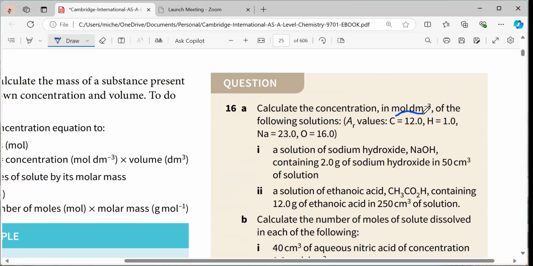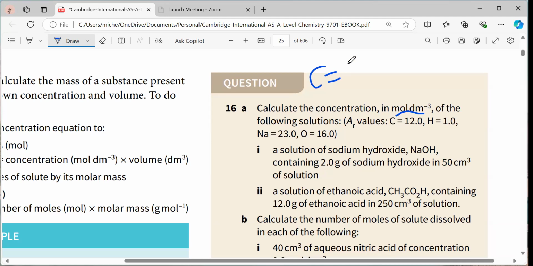So once again, this is the unit of the following solutions. Okay, so first of all, we need to think first. We need to find the concentration. So what is the concentration formula? That would be mole divided by volume. So I'm going to write this down.